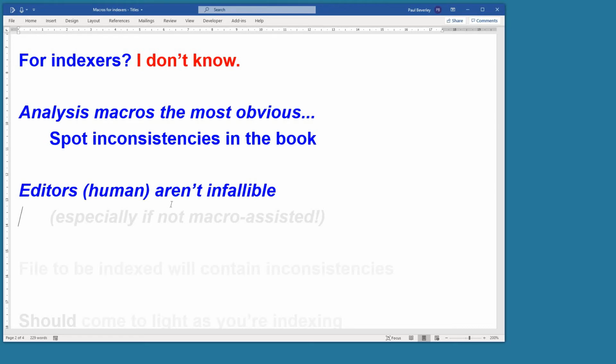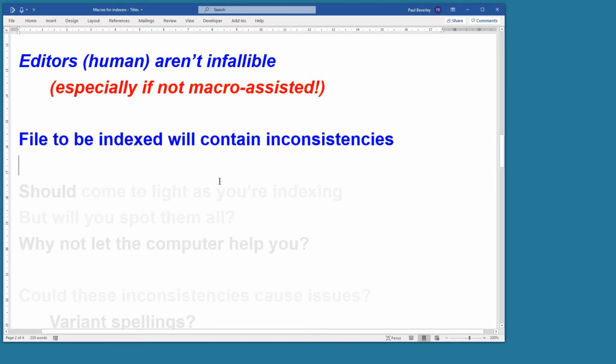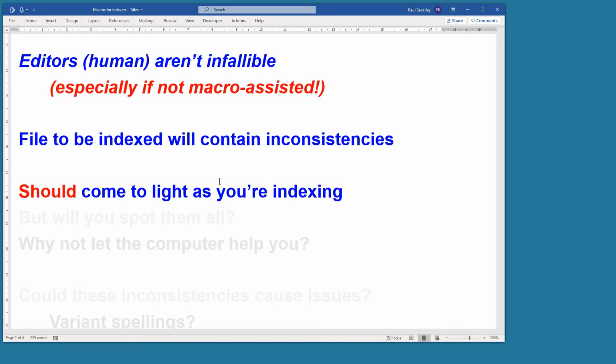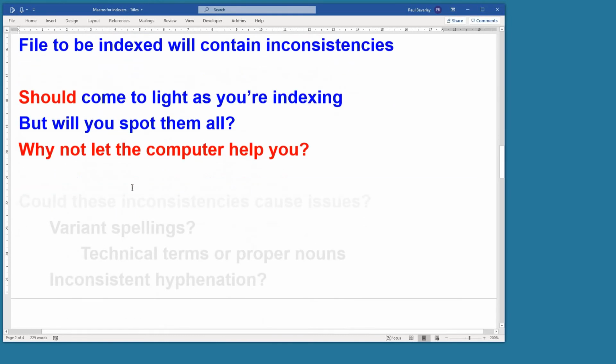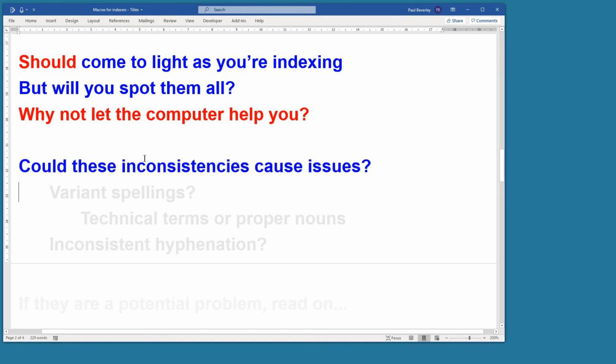The editors who've edited the book that you're about to index are not infallible, especially if they're not macro assisted. They would do a better job, I maintain, if they were using macros or more macros. But the file that you're about to index will indeed contain inconsistencies. Okay, they should come to light as you're indexing, but will you spot them all? Well, why not let the computer help you? And my question is whether my macros could indeed help you.